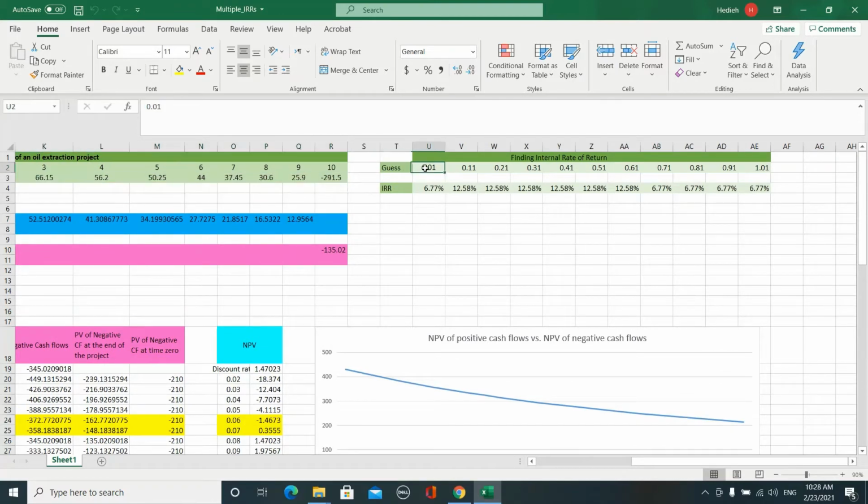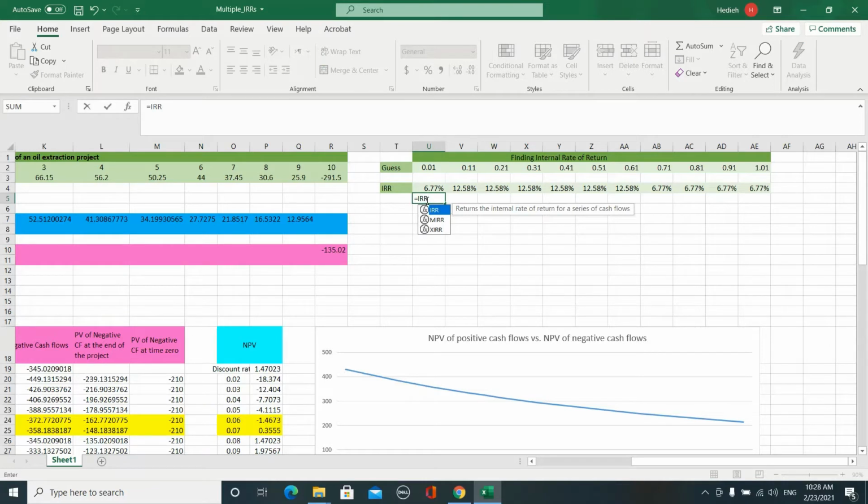In this table, you should have some initial guess for internal rate of return of the project. So I consider values from 1%, 11%, 21%, 31% to 100%. Then I use the IRR function that we have in Excel.